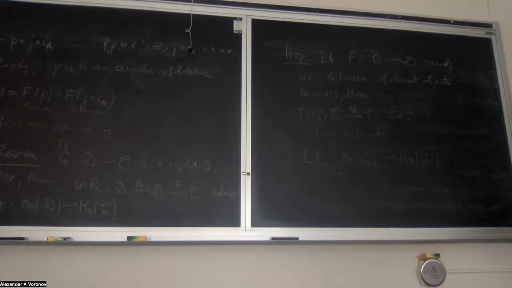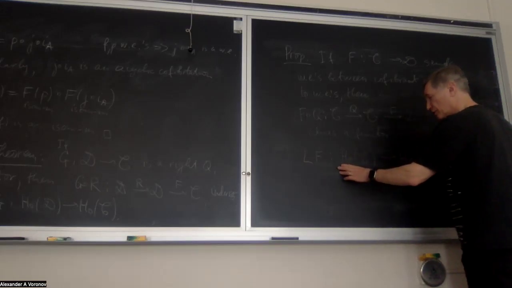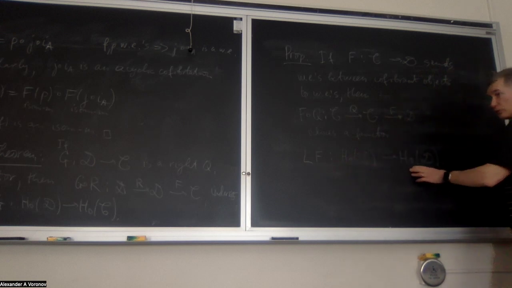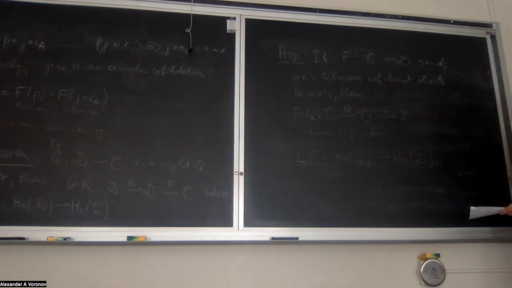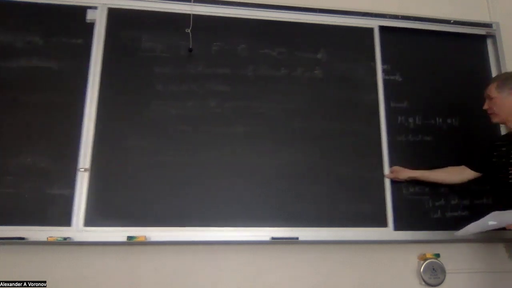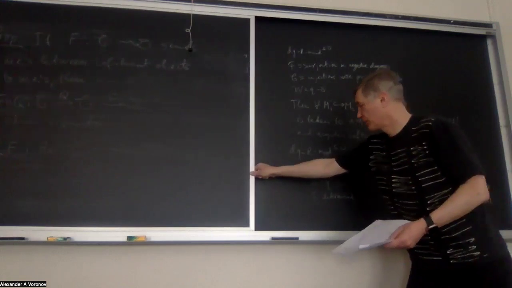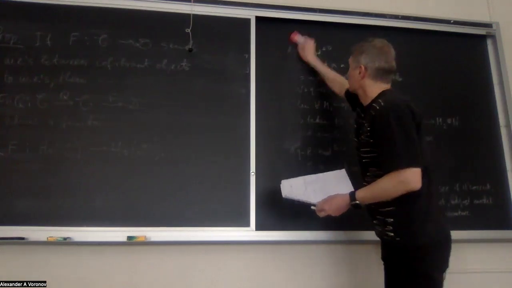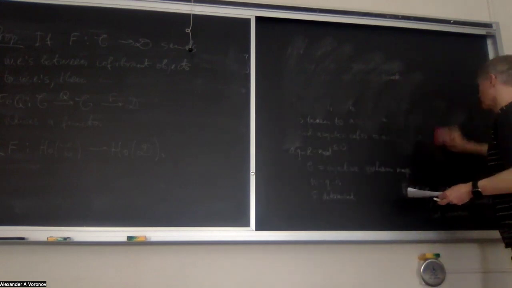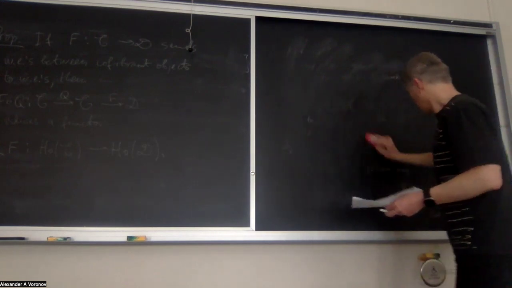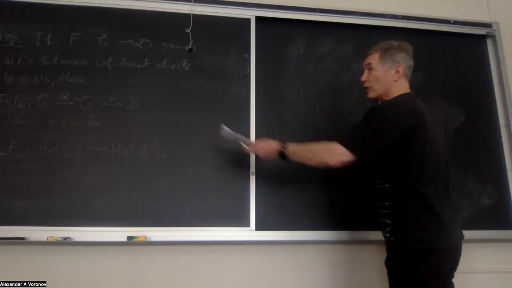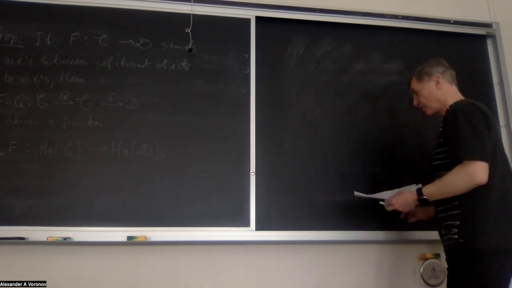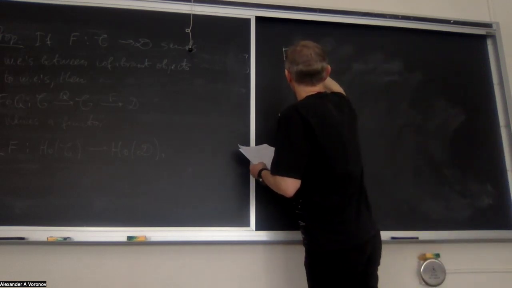This would induce for us a functor from the homotopy category of C to the homotopy category of D. And so this may be applied to deal with this example, to construct what I'm going to talk about right now, but I'm going to do it differently, using this proposition or this remark.